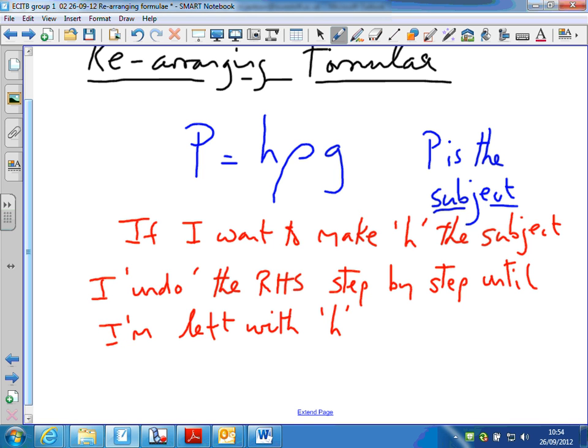And how you do that, there's different ways to think about it, but that's what we're trying to do. We're trying to get rid of the rho and G. If I got rid of the rho and I got rid of the G, I'd be left with H, and H would then be the subject. Undo the right-hand side. So, yeah, shorthand for right-hand side, left-hand side.